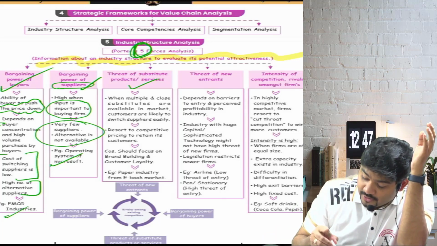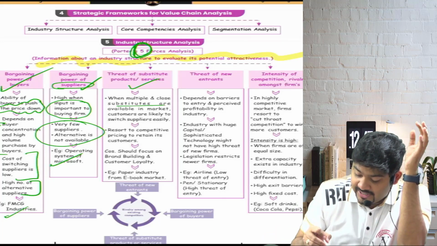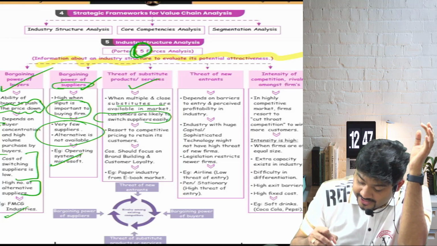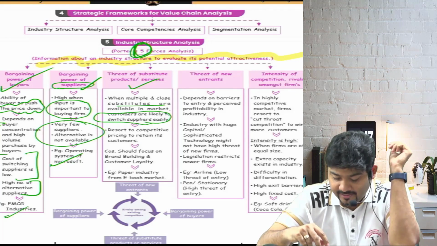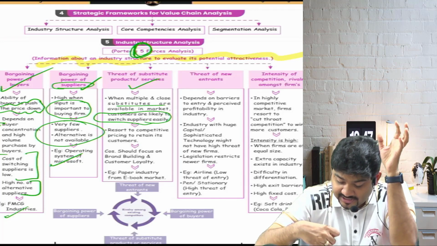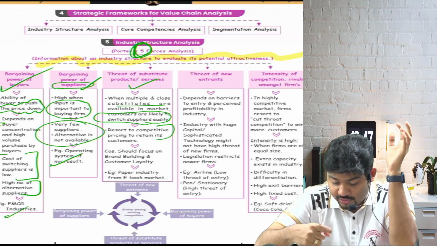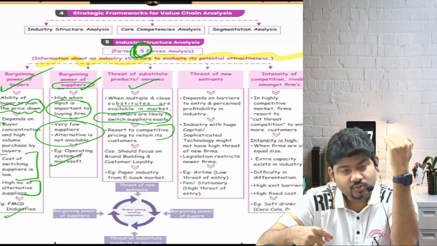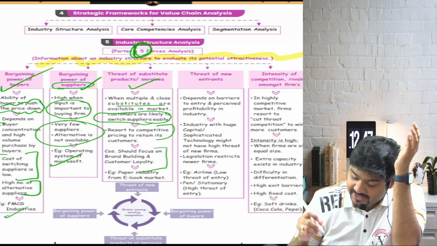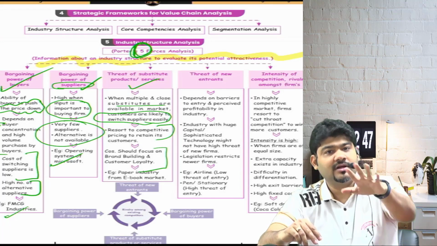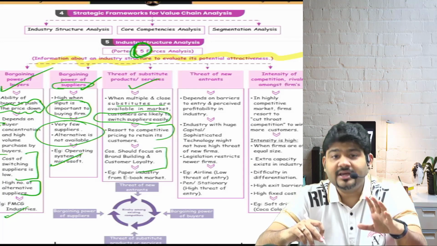When multiple and close substitutes are available in the market, customers are likely to switch suppliers easily. Getting it? You may have to resort to competitive pricing to retain the customers. Companies should focus on brand building and customer loyalty to ensure that customers stick to us.